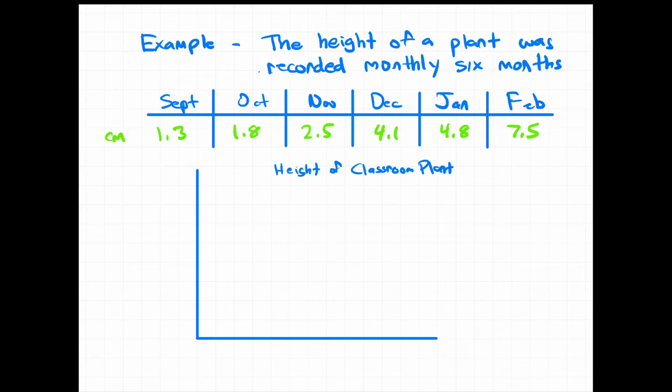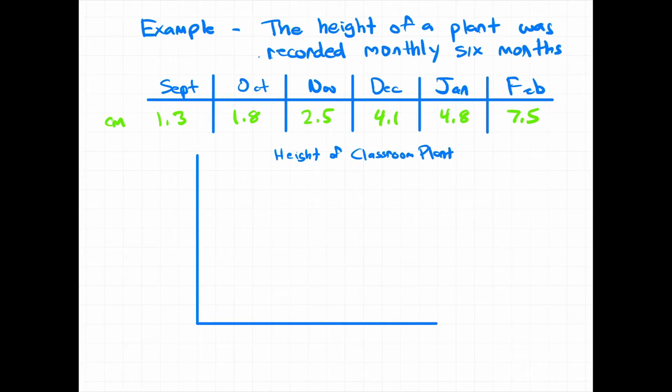Okay, and on the bottom, that's usually going to be time as well. So this is going to be time, and we need to indicate that it is in months. So up the vertical axis, we're going to have height. And again, it's important that we put the units, which is going to be centimeters.